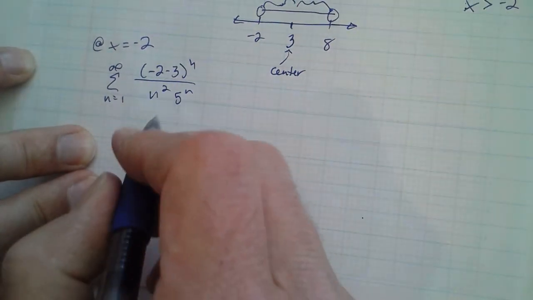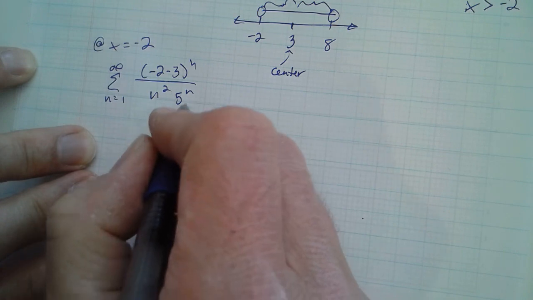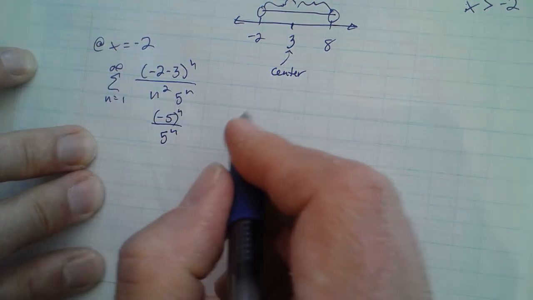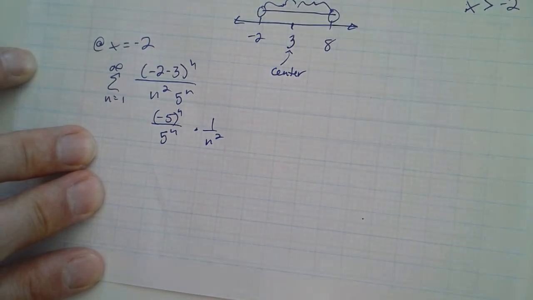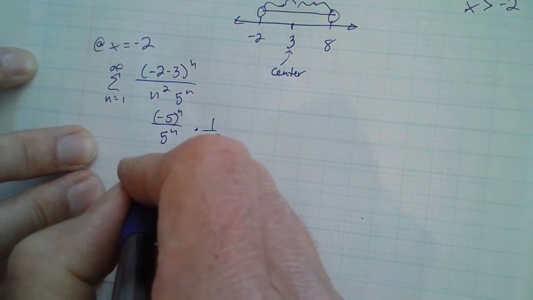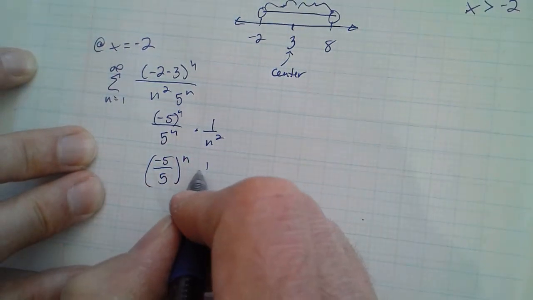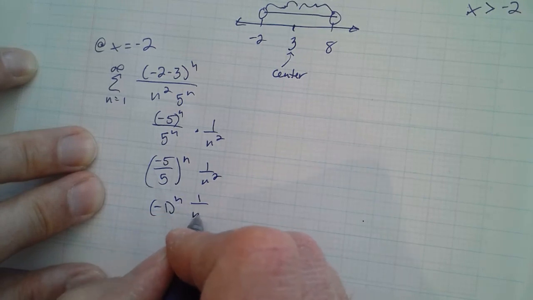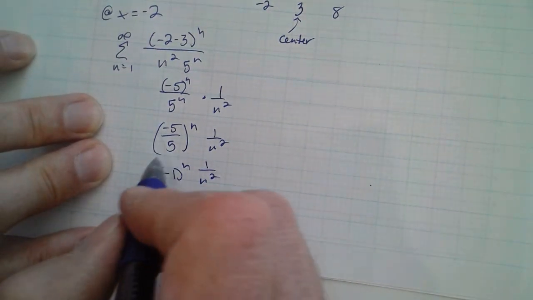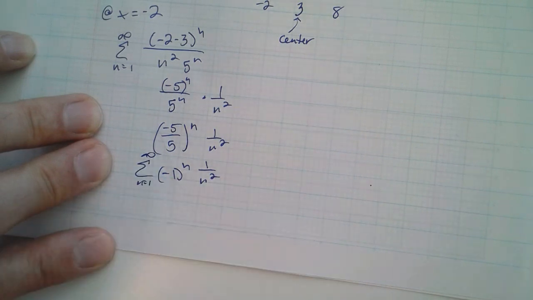So that's (-5) to the n, and I'll put the 5 to the n underneath it. This is the same as (-5 over 5) to the n, that's one of our properties. So it's (-1) to the n times 1 over n squared, and we're doing the sum as n goes from 1 to infinity.